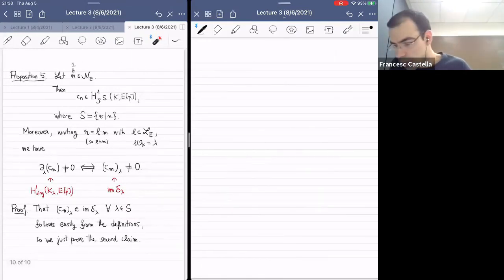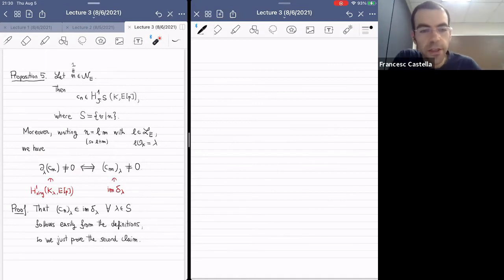Okay, so now we want to decide when is this going to be 0. Okay, so the first thing we use is this Cn was expressed in terms of the Kummer image of that point P sub n. So we're going to be using the explicit description of this Kummer map, it's just a connecting homomorphism in Galois homology. So that's something that we know how to write down very completely.